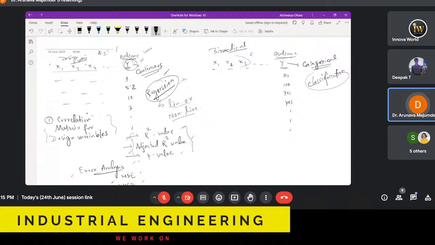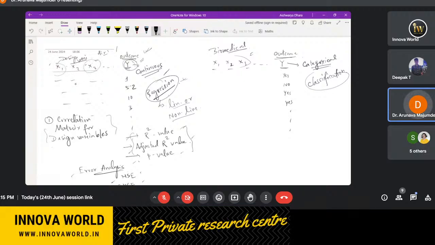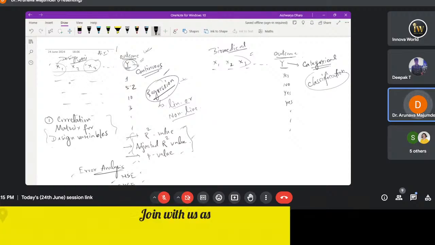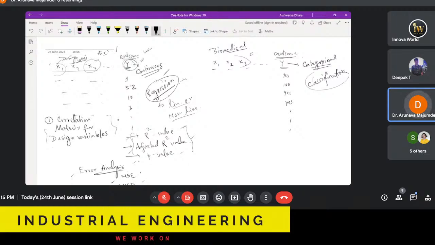If, in the correlation matrix, there are any two design variables, let us suppose x1 and x3, that have a very high correlation, then you have to delete either x1 or x3. Because if the design variables have very high correlation between them, we should not get the proper, best fit model.